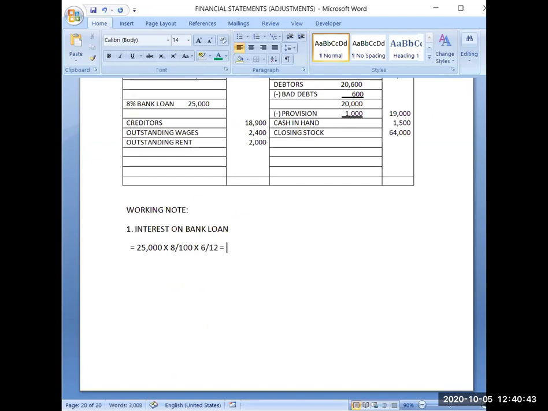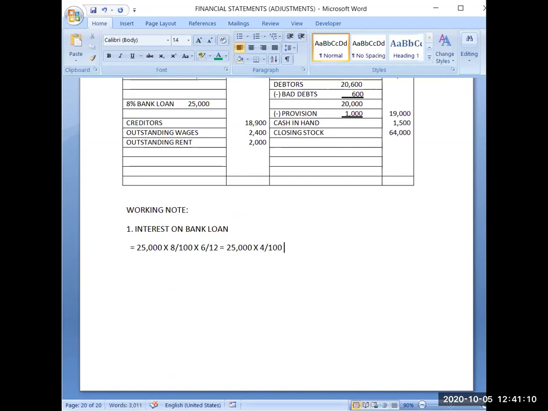I hope it is clear. So 25,000 into 8 upon 100 into 6 upon 12. 6 upon 12 will become 1 upon 2. That 2 will cut the 8 and it will become 4. So the remaining fraction will be 25,000 into 4 by 100.